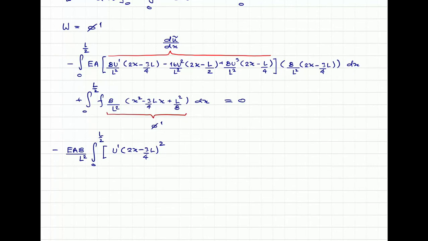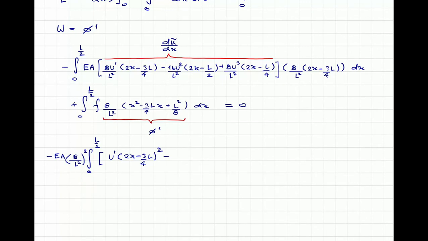Okay, not just 8 over L square. EA 8 over L square, square it up, and we have this 8 over L from here and 8 over L from there, right? You have double.